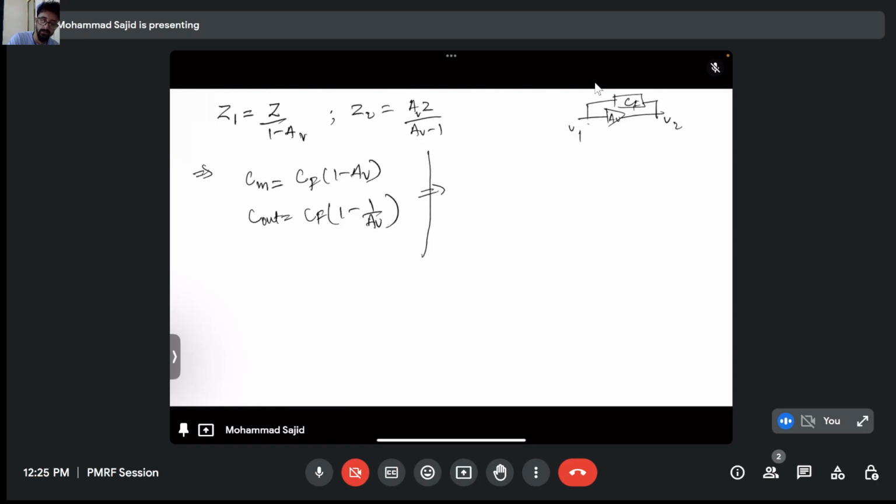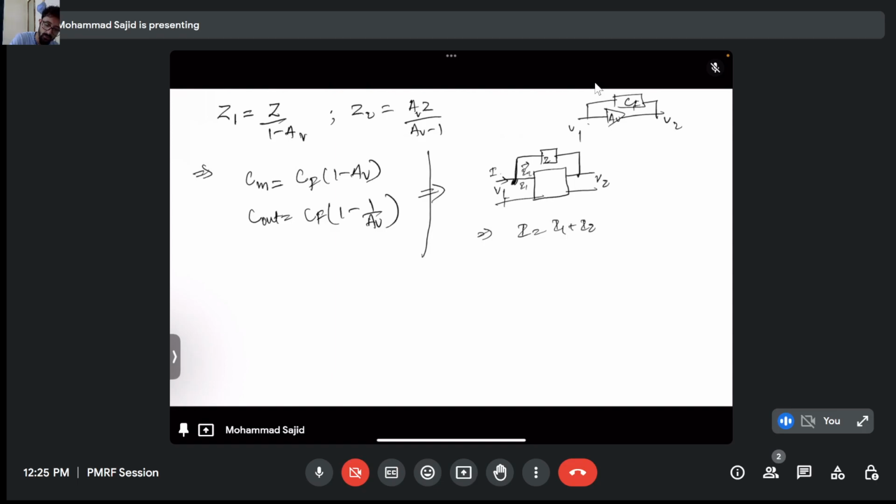So how do we get it? Just a brief introduction to how we can obtain these values. Let's say you have this network, this is V1, this is V2, and you have this impedance connecting input and output. Let's say this is current I, this is current I2, this is current I1. If we write KCL at this node, what we will get? I is equal to I1 plus I2.